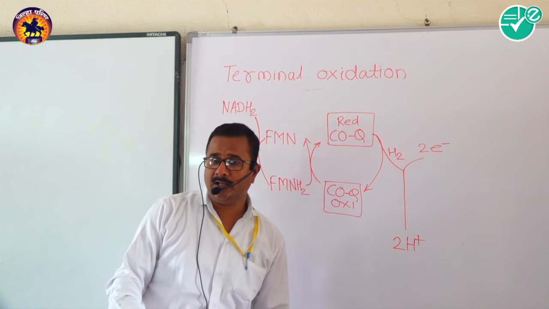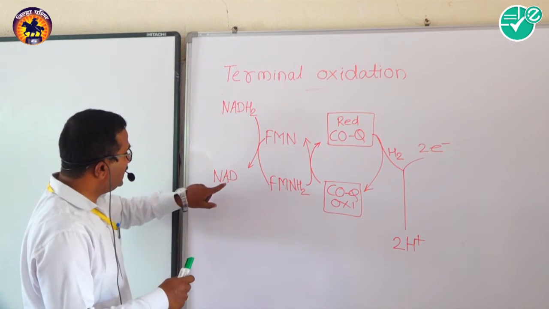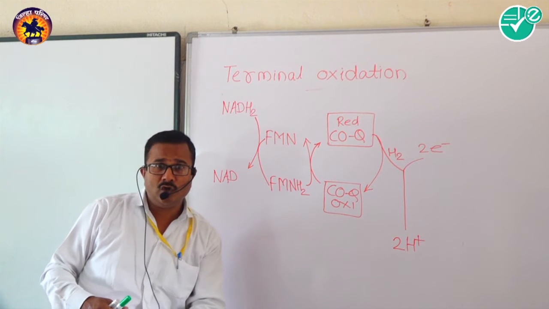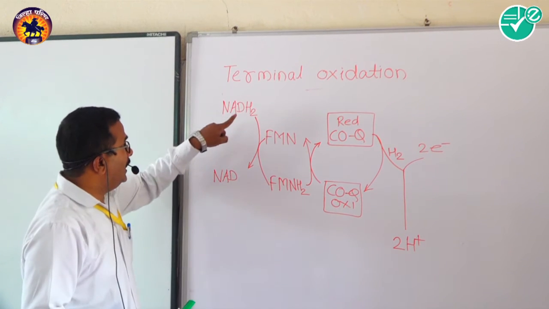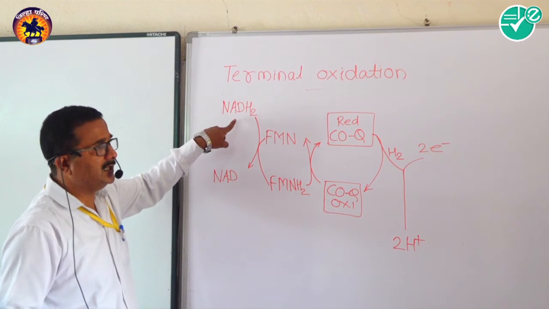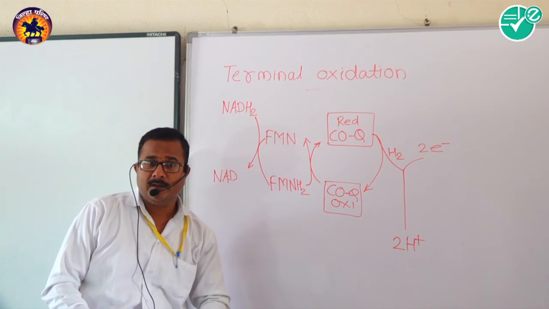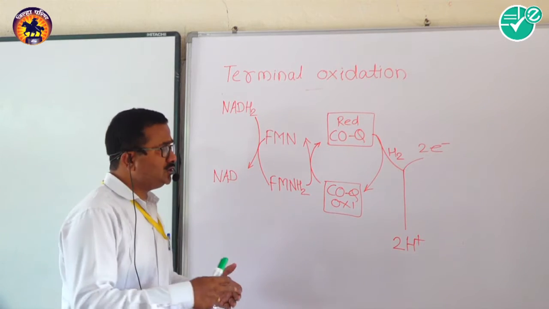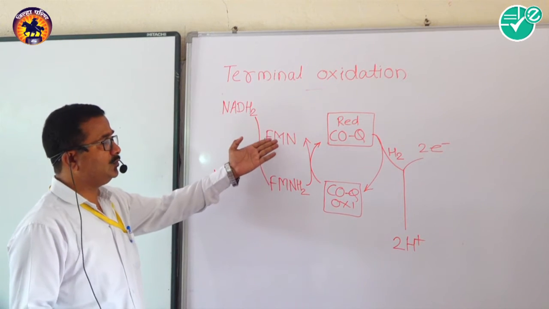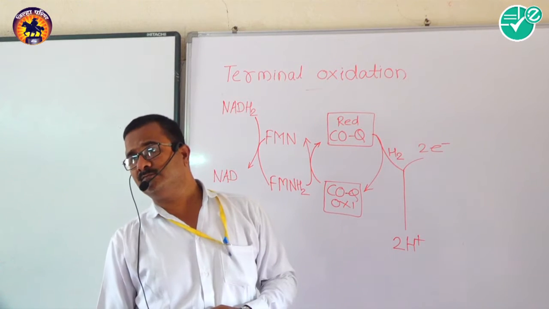This means there is not only regeneration of the NAD but also the hydrogen which gets released from the NADH2 possesses energy, and hydrogen with this energy moves towards the FMN, towards the coenzyme Q, and towards the various electron acceptors.